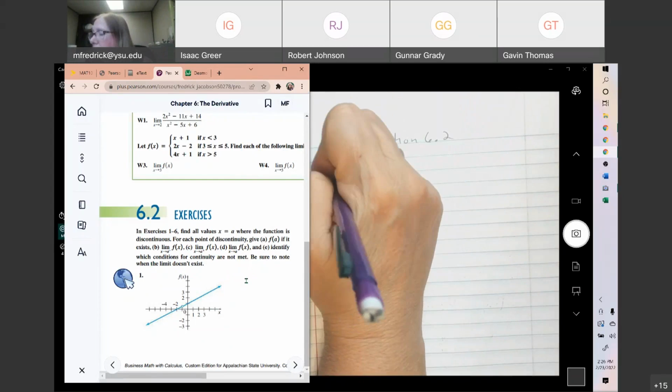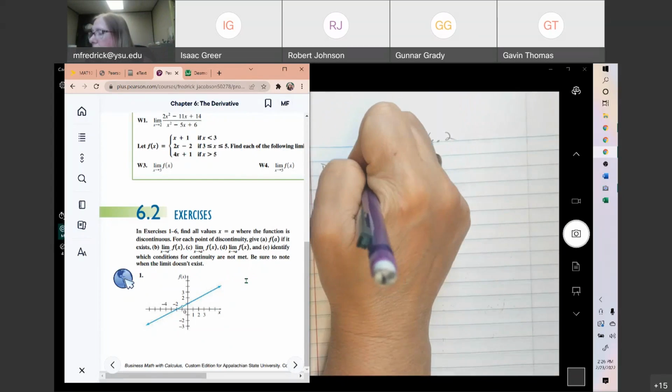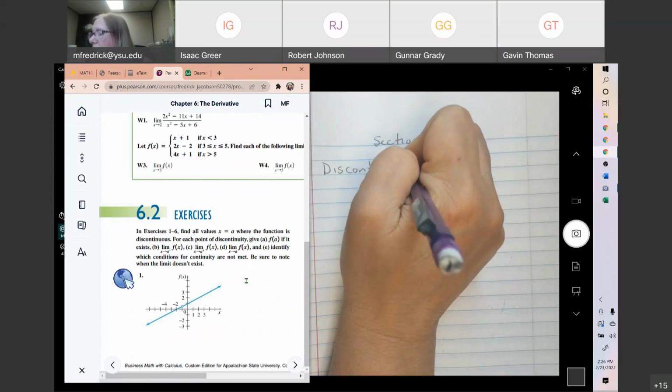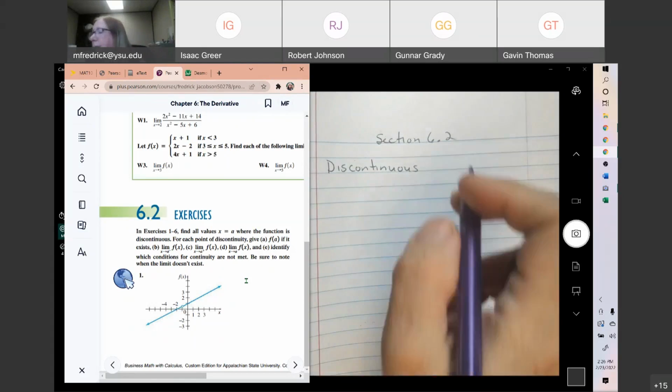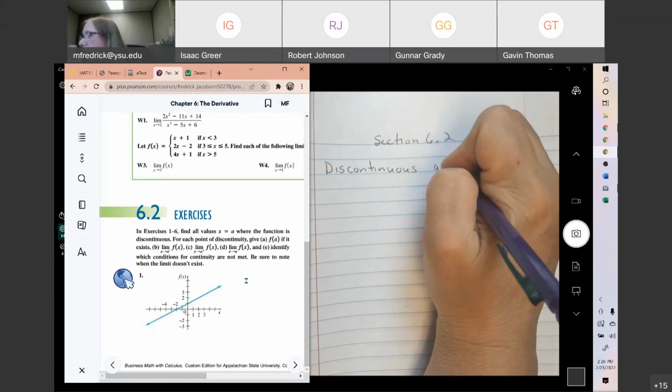To know where it's discontinuous, if you trace it from left to right and never lift up your pencil, it's continuous. Anytime you have a break in the line where you would lift your pencil up, it's discontinuous at that x value.